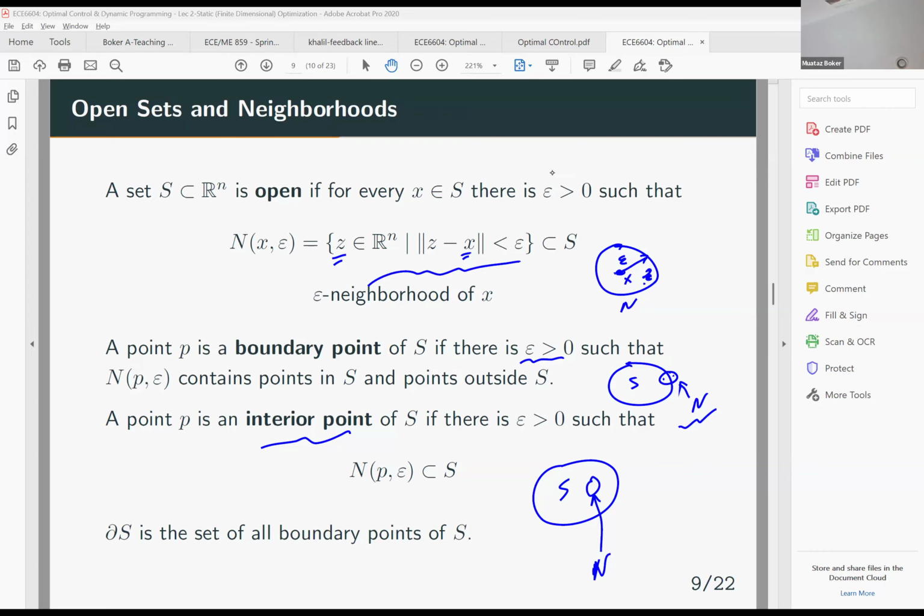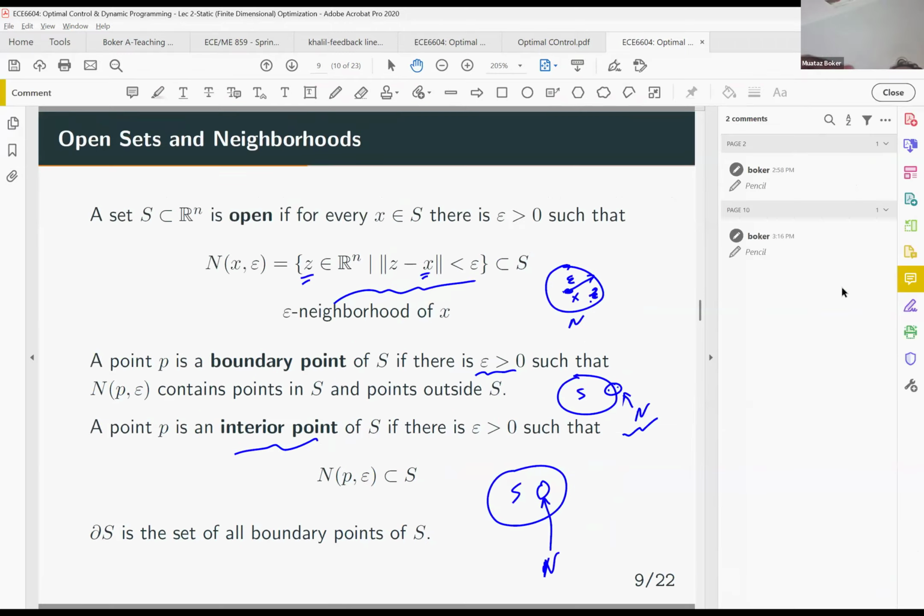All right. Now, partial S is the set of all boundary points of S. Let me see here if we can use colors.